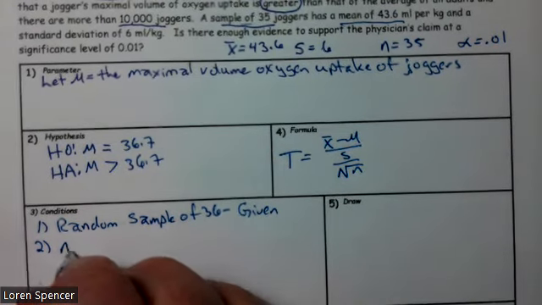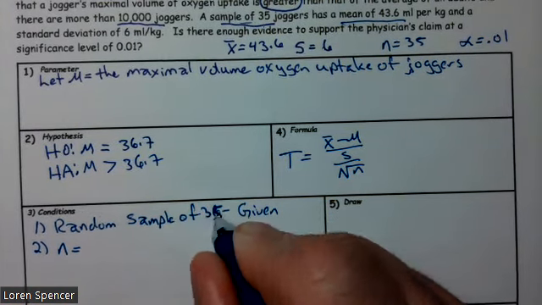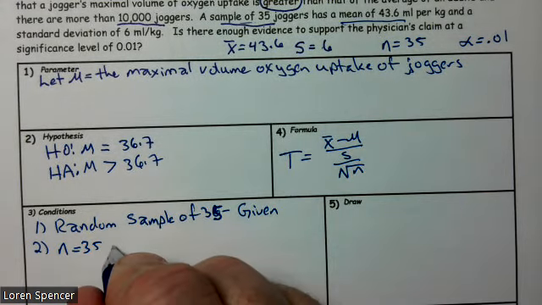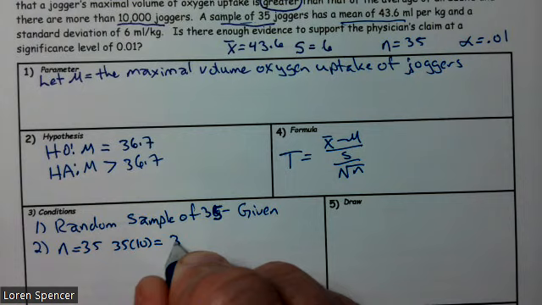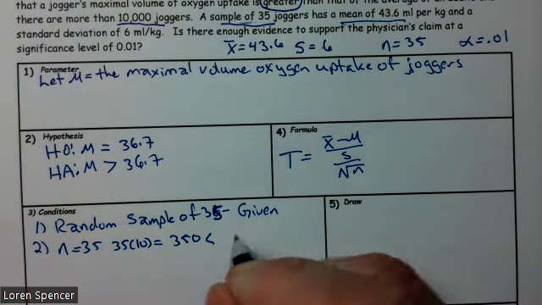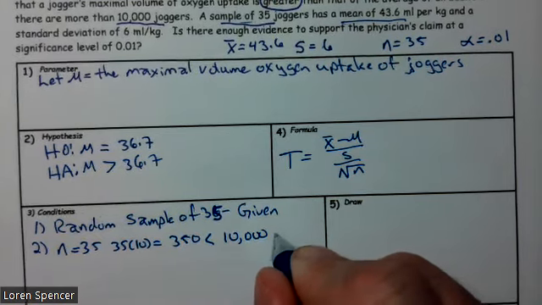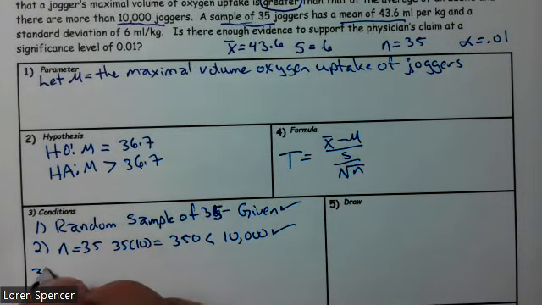So our sample size, well, it's not 36, it's 35, excuse me. n is 35. So we're going to multiply it by 10, and we always multiply it by 10, and that equals 350, and that happens to be less than 10,000. All right, so that's taken care of. We can check both of those off.